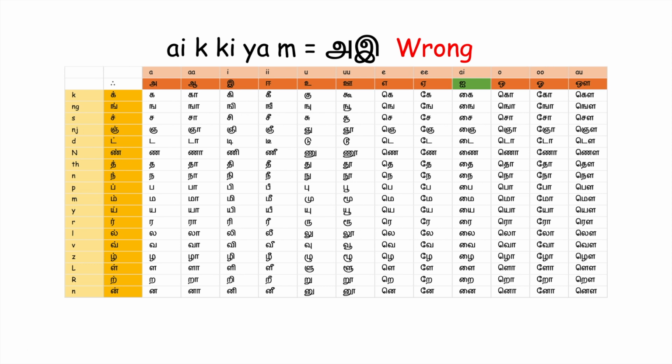You can't have a word starting like this because a word can only start with 0 or 1 vowel in Tamil. Then the uk sound is in the consonants column over here, so we'll add that. Ki is k plus i, and the intersection is over here, so we'll add ki.